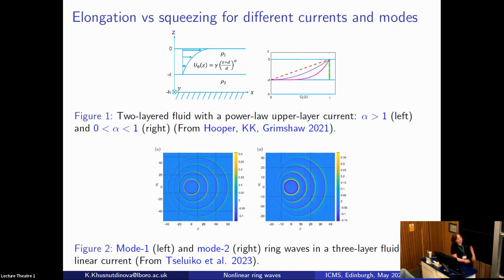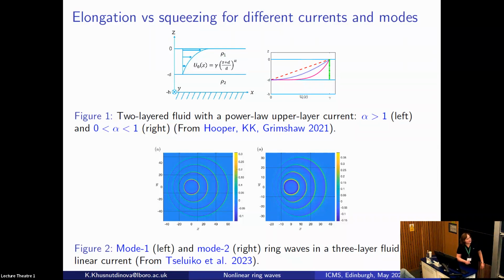And the most recent development, I show you just one picture, is for a three-layered fluid on a linear current with a rigid lid on the top. This was done in collaboration with Dmitry, Ricardo, who is here, and our student.